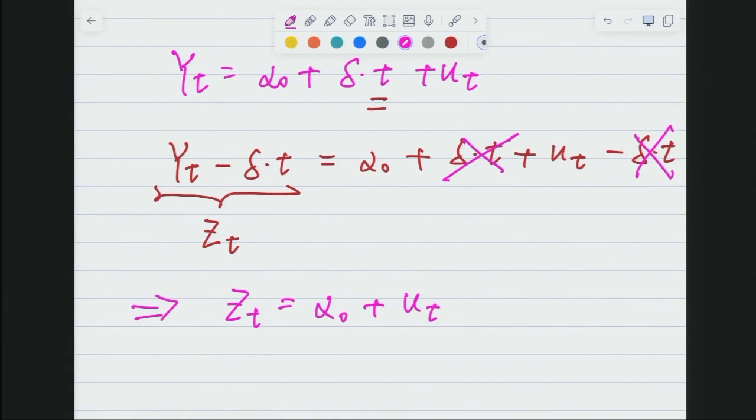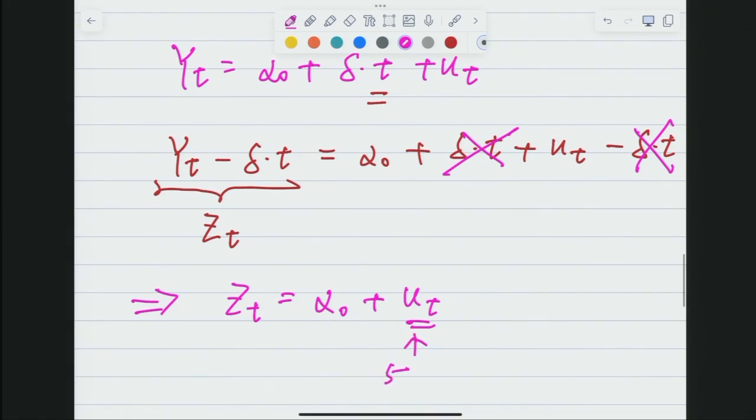Ut is the random variable. The statistical property of zt depends solely on ut, which by construction is stationary because the white noise process is always stationary. So this is stationary, which implies this must also be stationary. So we can achieve stationarity by subtracting the trend.